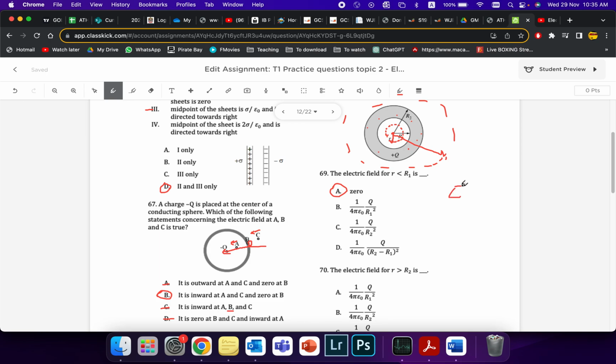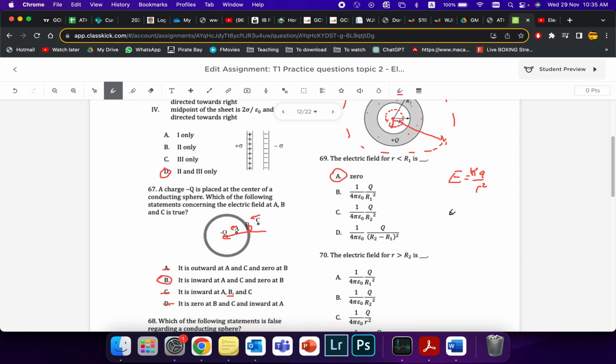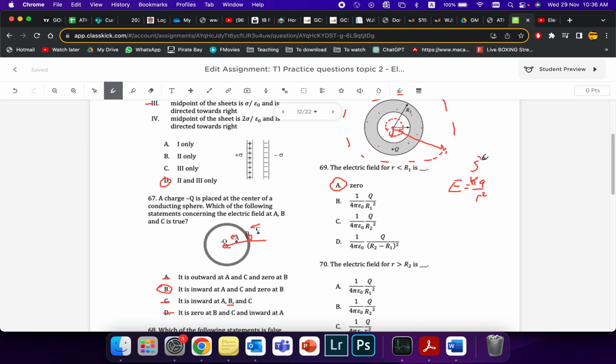So E outside is directly, just using Coulomb's law, kQ over r squared. Electric field, we square it. The k is not here, but we do know that k is the same as 1 over 4 pi epsilon naught. So I could write it out as 1 over 4 pi epsilon naught multiplied by Q over r squared.